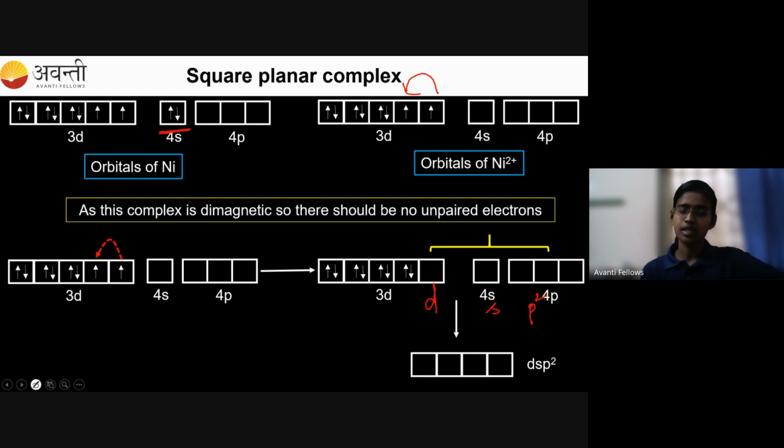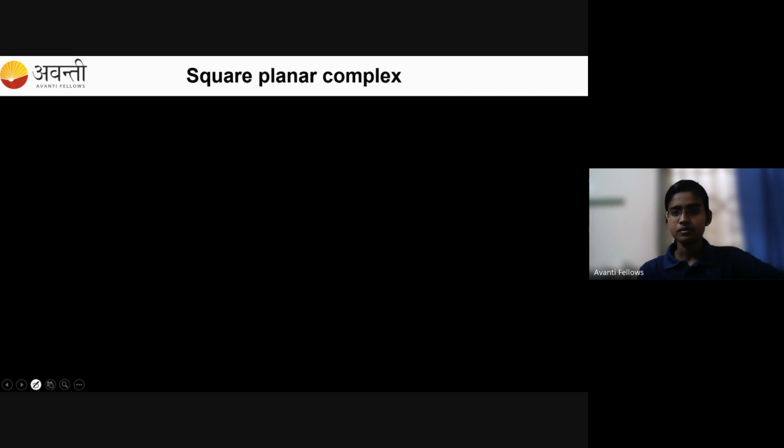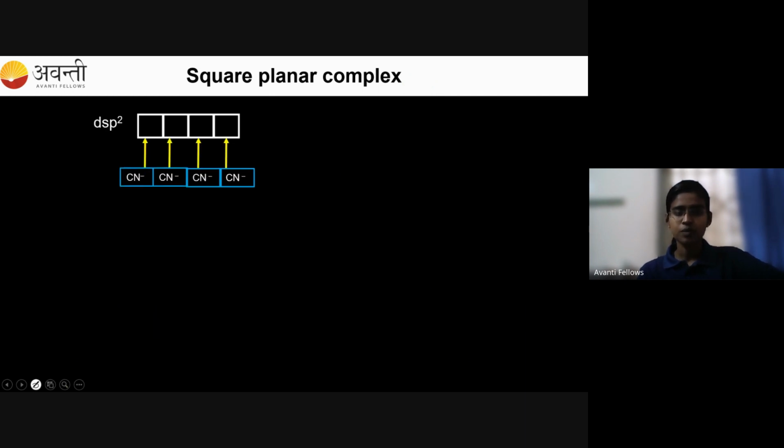dsp2 hybridization. And in these dsp2 hybridized orbitals only, ligands are going to interact with their electrons. So to these 4 dsp2 hybridized orbitals, the 4 cyanide ligands are coming with their electrons and forming the bond with the hybridized orbitals of the metal.